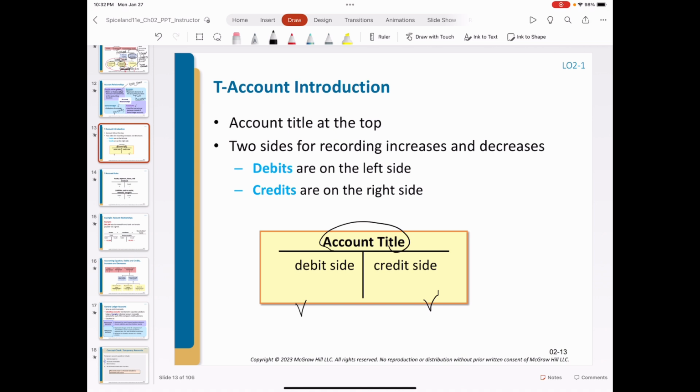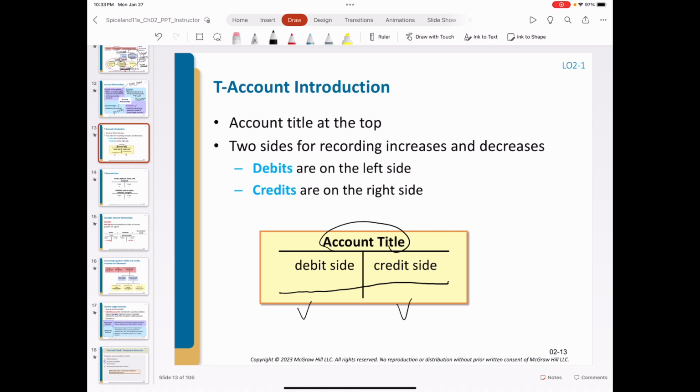The purpose of the T account is that we put all the information into this account, either credit or debit. Finally, we will have the balance of these accounts, either debit balance or credit balance, depending on which is greater. So if the total debit is greater than the credit, the account will have a debit balance. You will see a number appears here. Otherwise, if the credit is greater than the debit, you will see a credit balance on the right side.